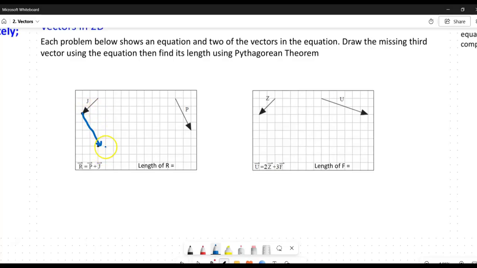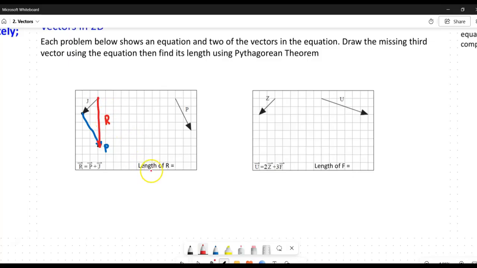So this is vector p. Okay? Now, the resultant vector will go from where you started to where you ended. So it's going to go straight down here. So we started here, you walk down to the left, down to the right, and you ended right here. So this is vector r.